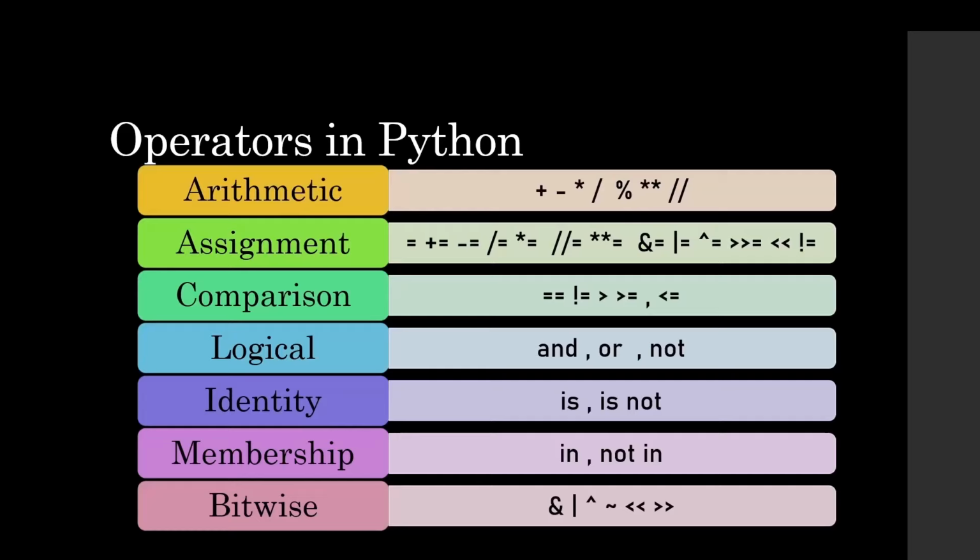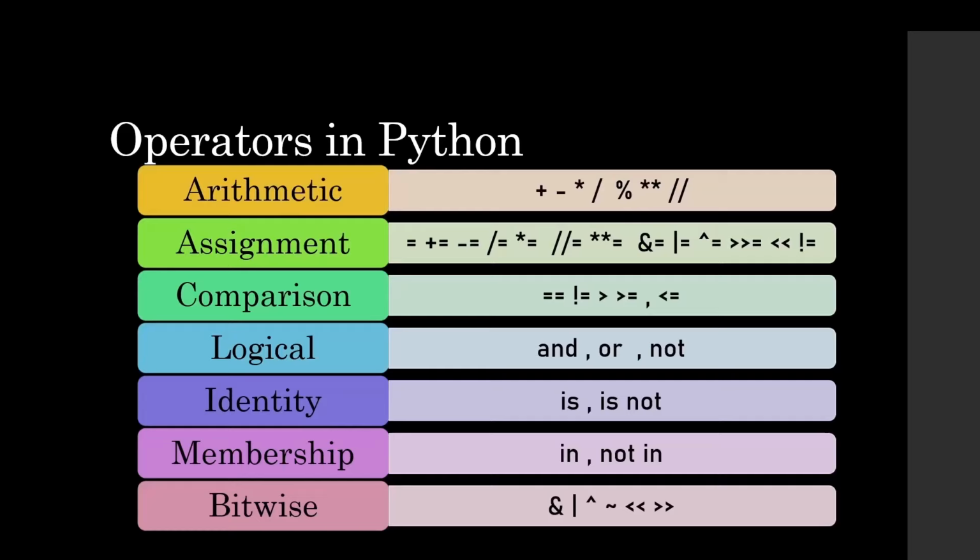As you see here, Python divides operators into different categories: arithmetic, assignment, comparison, logical, identity, membership, and bitwise. We will discuss some of them in these parts and some of them in other parts.